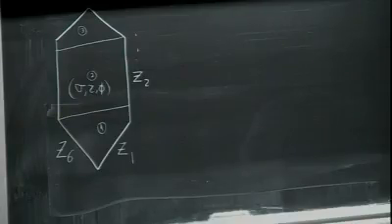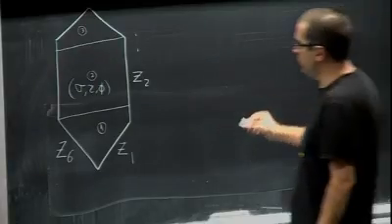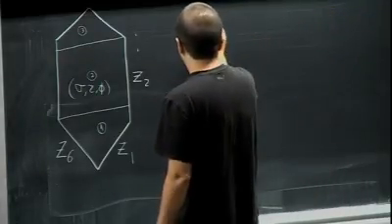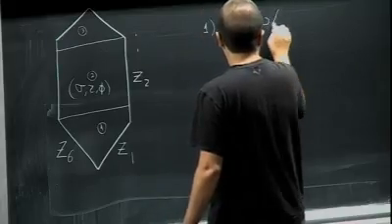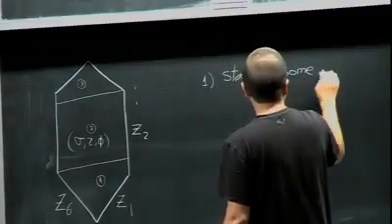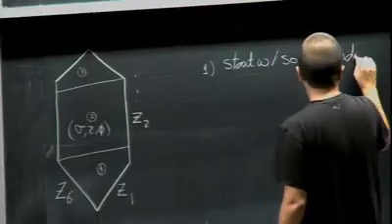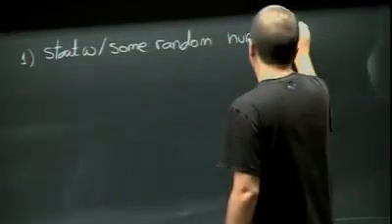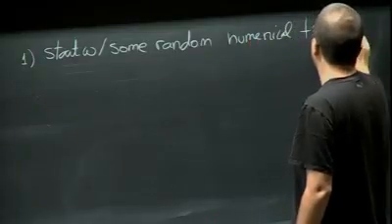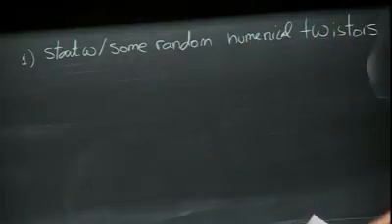Okay? And now what we do is the following. We start with some random numerical twisters. A bunch of 1s and 0s, or if you have lots of imagination, you can put some 2s and 3s and 5s and so on in your components. So you start with some random twisters, like I did for the pentagon there.